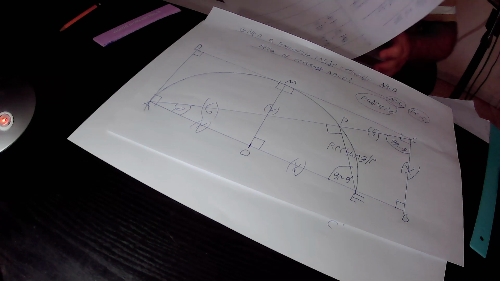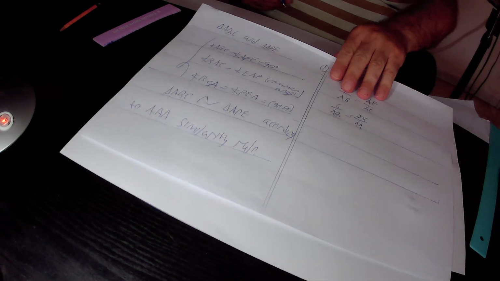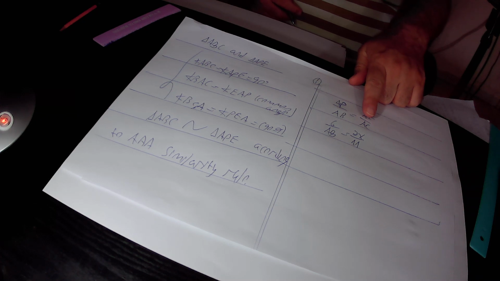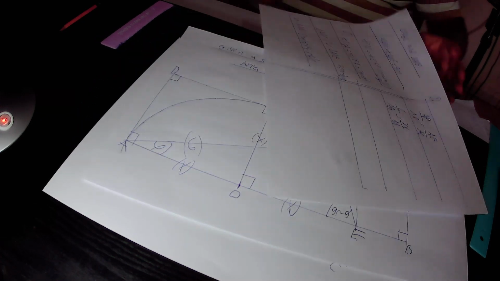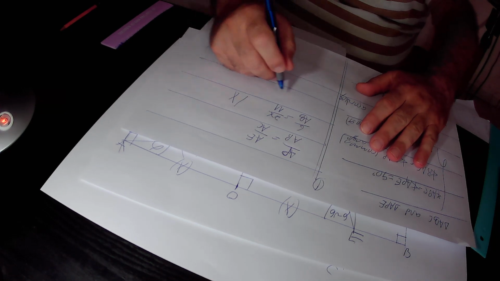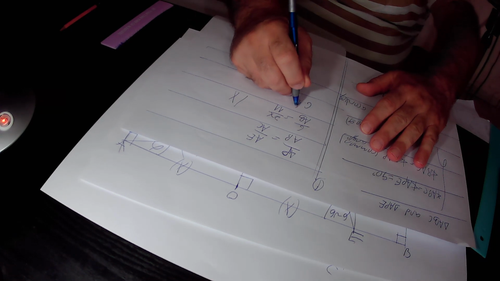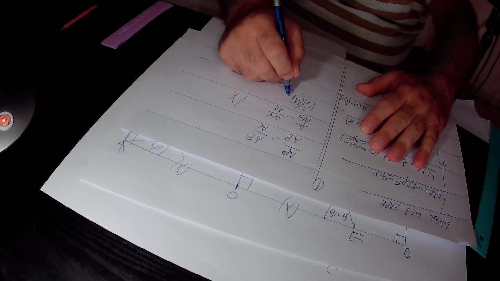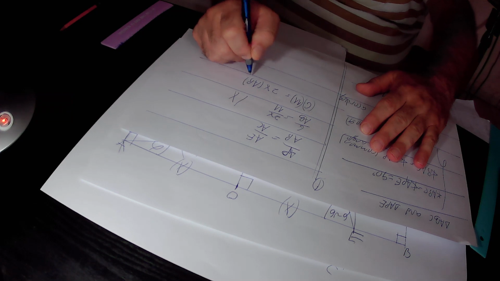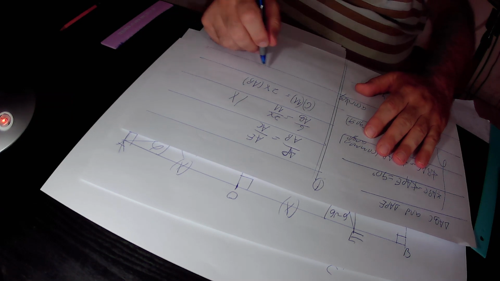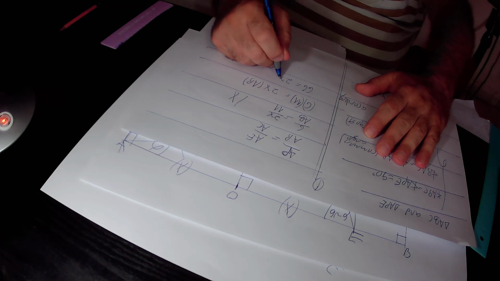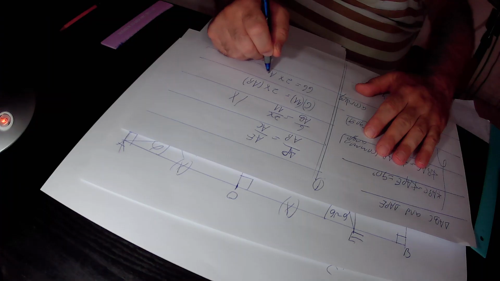So in total we find that 6 over AB equals 2x over 11. Here we will cross multiply this equation, and we get that 6 times 11 is equal to 2x times AB. 6 times 11 is 66, so 66 equals 2x times AB.